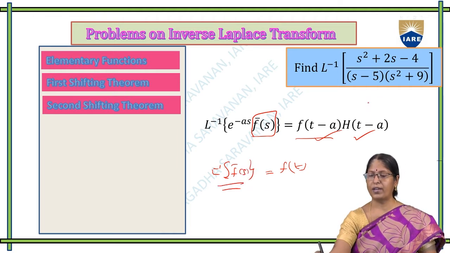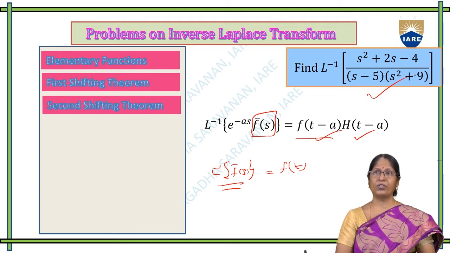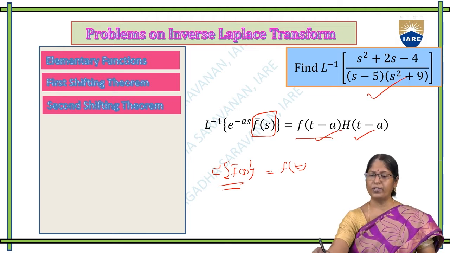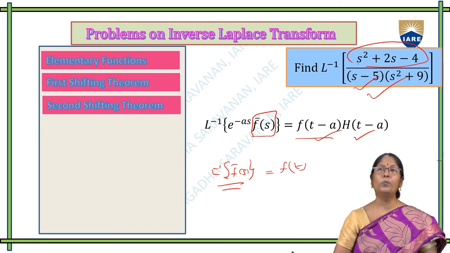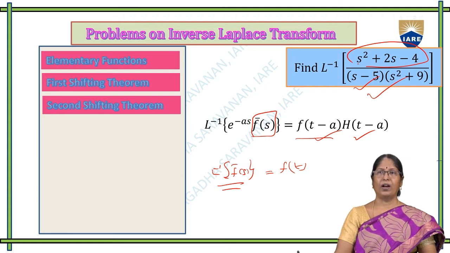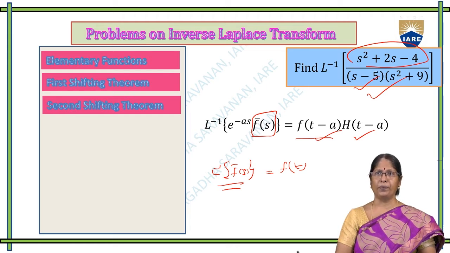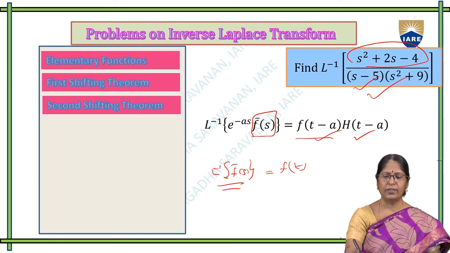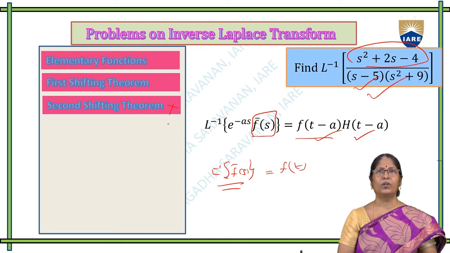It is very difficult to select f bar of s, because the numerator in our standard formulas is either s or a. So this is also not possible. The second shifting theorem also does not apply to our given problem.